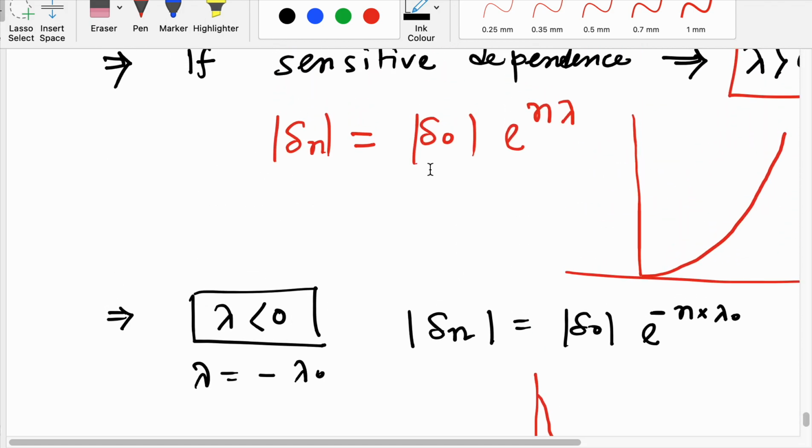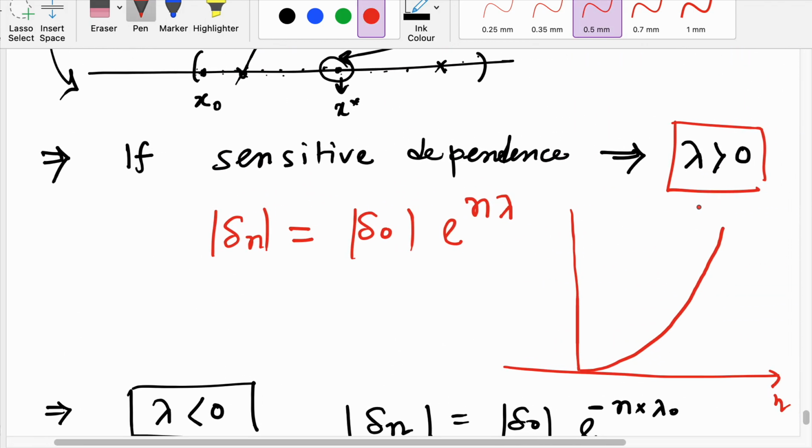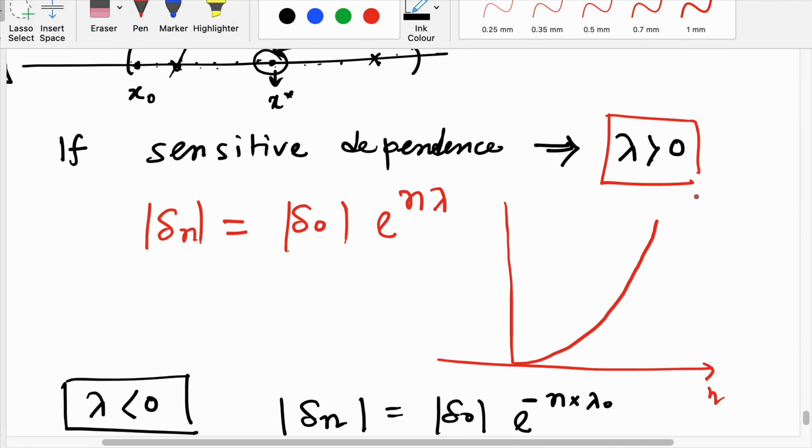But if this lambda is greater than 0, then it becomes very horrible for us, because our theoretical prediction will not match reality. The small deviation that we are not capable of giving as an initial condition will grow the discrepancy from the real world results, and reality and our theoretical prediction will diverge away.